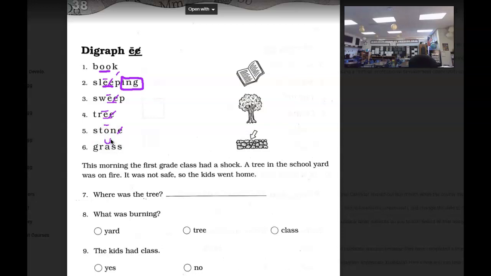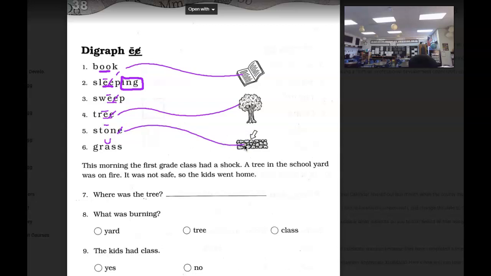Now, let's match up our pictures quickly. First one looks like a picture of a book. Second one, pretty sure that's a tree. And the arrow is pointing to something in the third one, and it looks like stone.